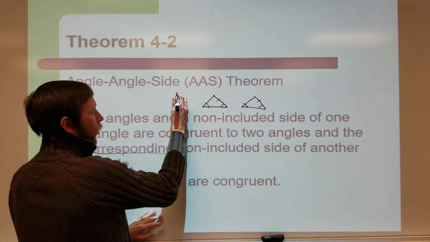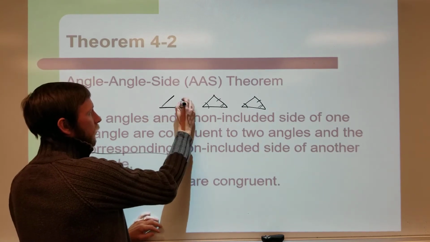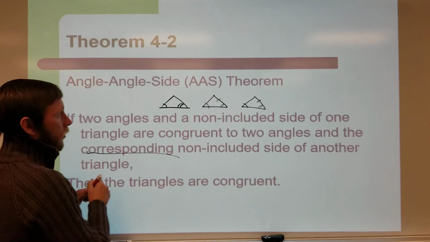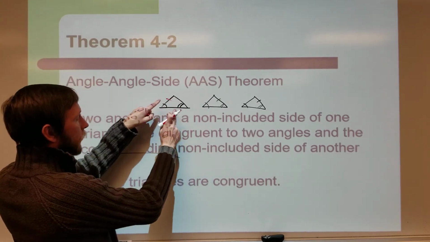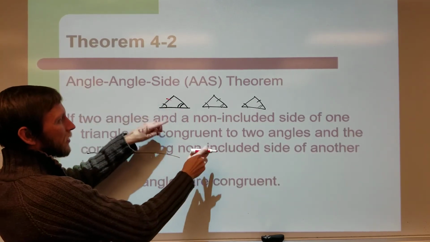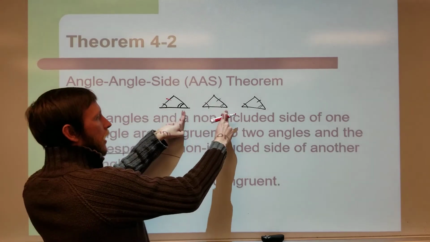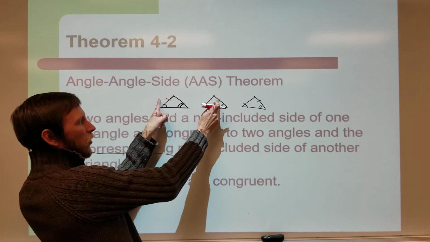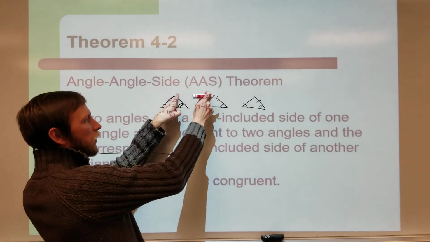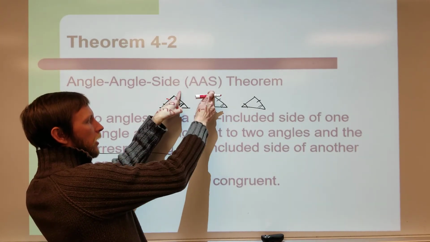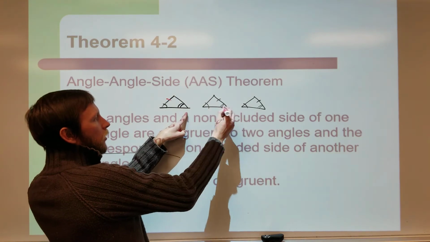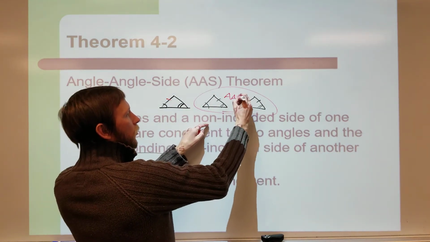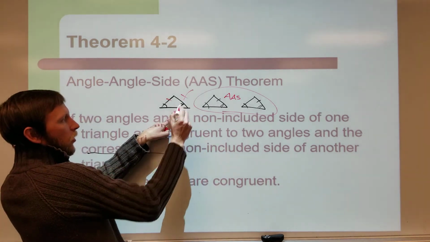It is not going to work if we have a non-corresponding non-included side. So you see how this is angle 1, angle 2, and then the following side? This is not the next side. So these sides are congruent, but the order of the letters isn't going to match. It's not going to line up. So this is the situation where we do have angle, angle, side. This does not work.